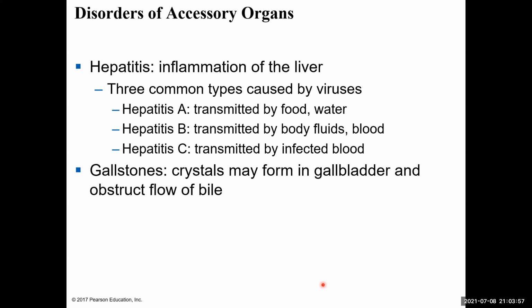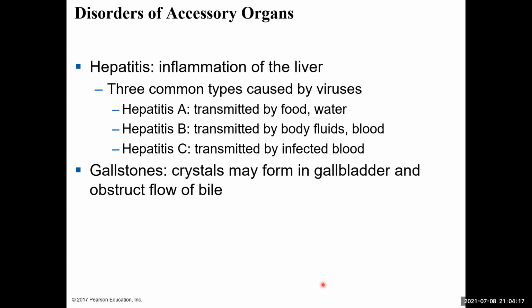Also, hepatitis in terms of disorders in the accessory organs. So this is in the liver. There's three versions of hepatitis caused by viruses. You have hepatitis A, B, and C. They can each be transmitted through different processes or pathways.